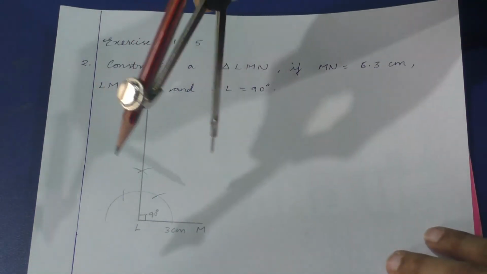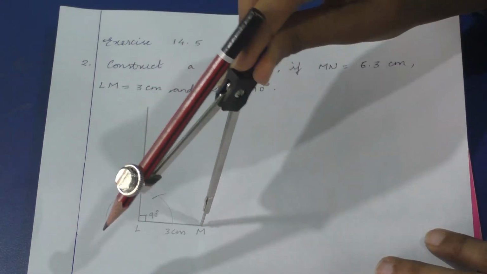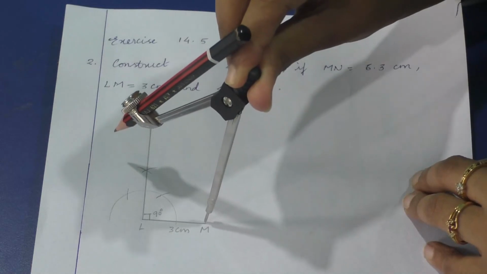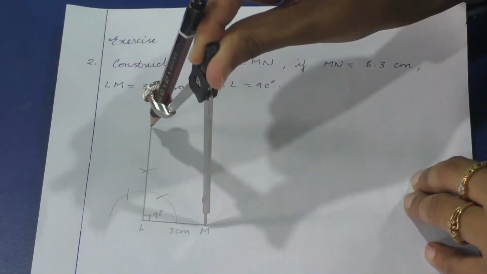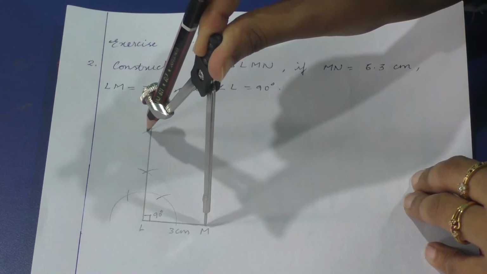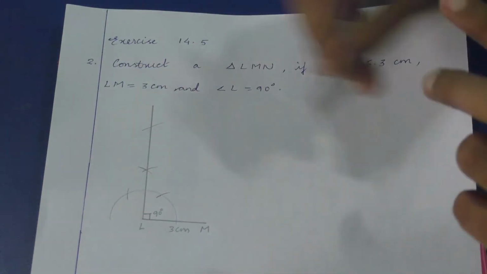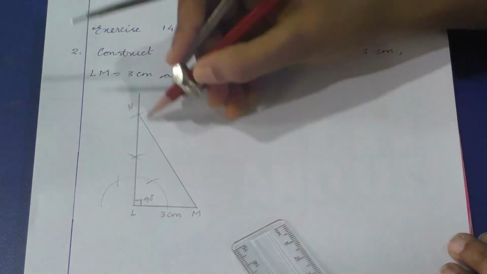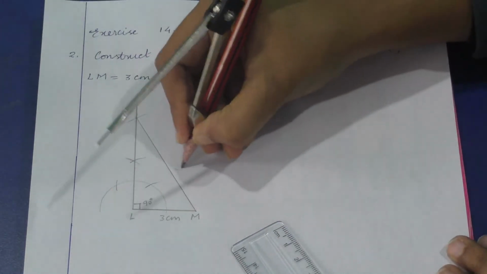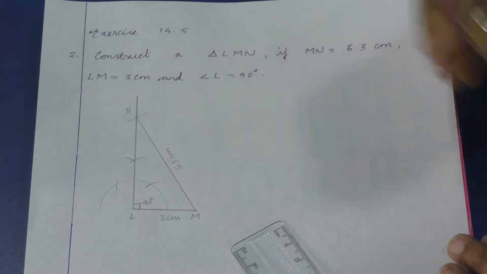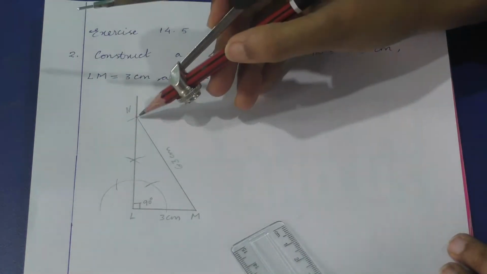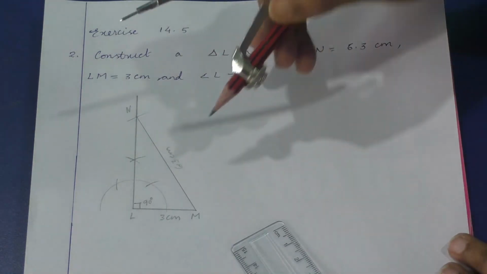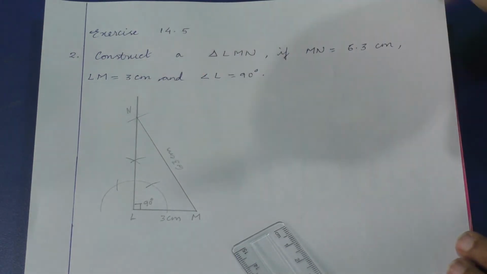Now let's mark M and cut the line here and mark this point as N. So let's join M and N and mark 6.3 centimeter here. So this forms one right angle triangle, and this construction we have done using RHS criterion.